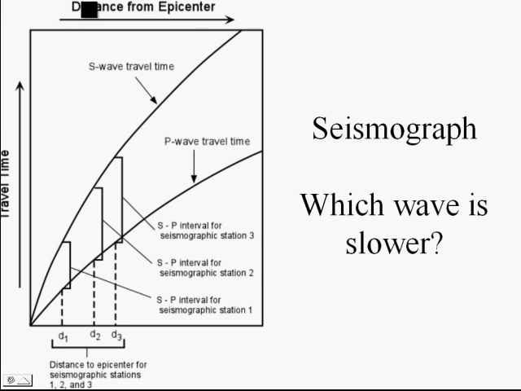So which wave moved slower, the S wave or the P wave? The S wave, because they went the same distance, but it took the P wave much less time. The S wave took much more time to get to that distance, so the S wave is slower.